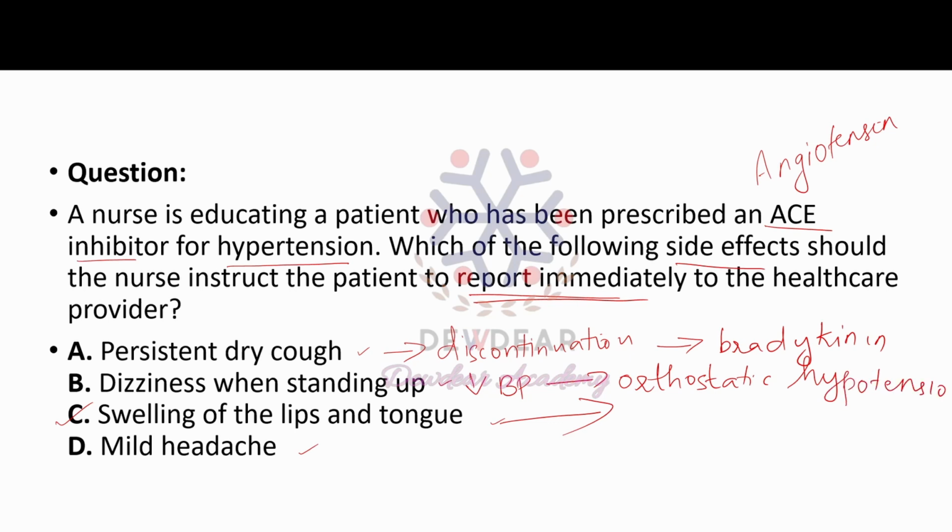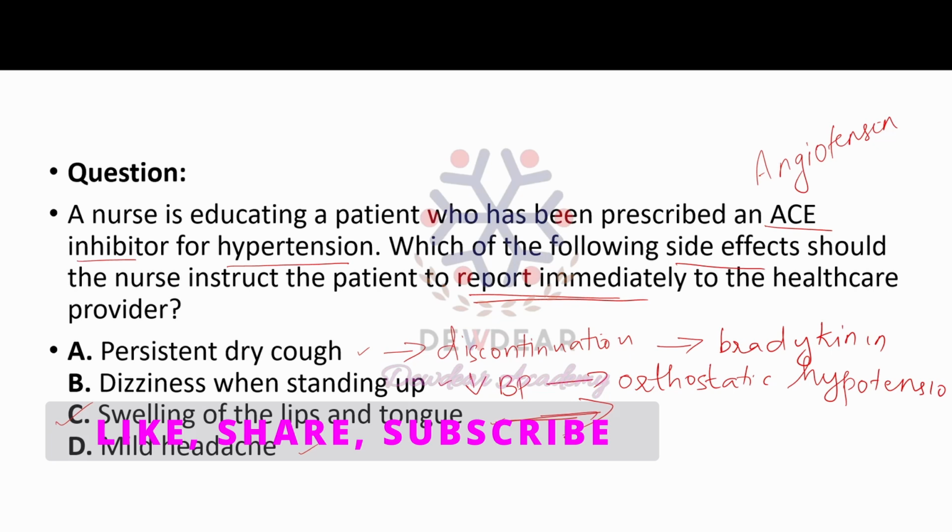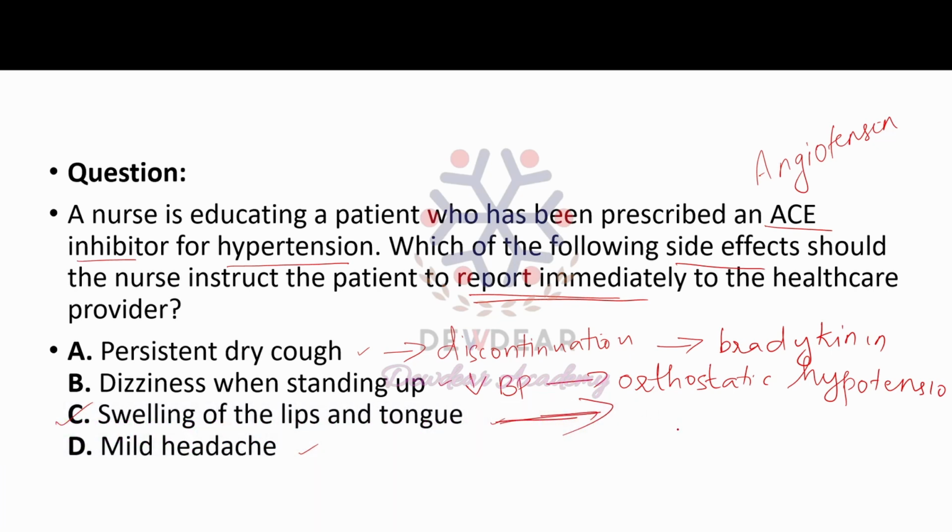Then the third option, the correct answer, is the swelling of the lips and tongue. Another very important but very rare side effect is angioedema. It is rare, but it is a life-threatening side effect of ACE inhibitors, and it can cause swelling of the face, lips, throat, or even the tongue, and that can lead to airway obstruction.